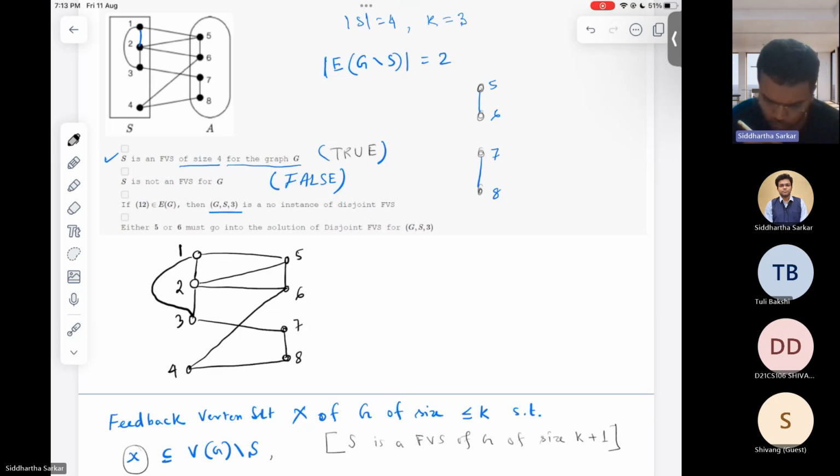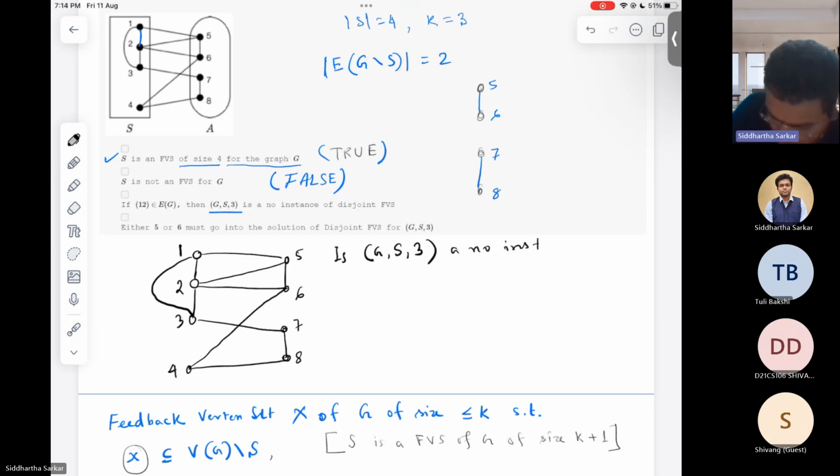Right, I think I have not missed any of the edges. This is the new graph with 1, 2 being connected. 1, comma 2 is an edge in this graph. So now the question is: is this instance of disjoint feedback vertex set a no instance?